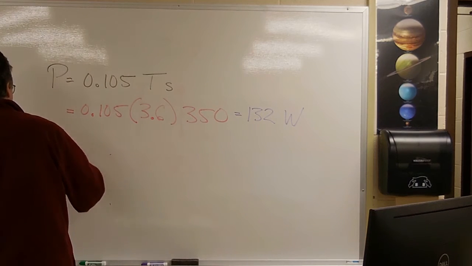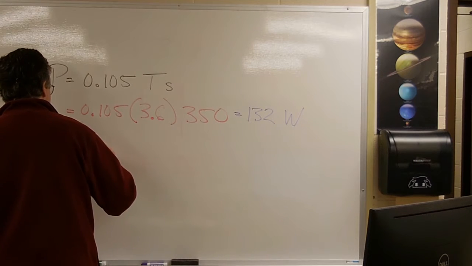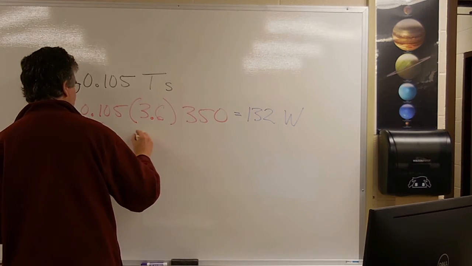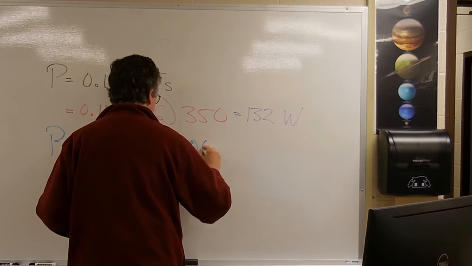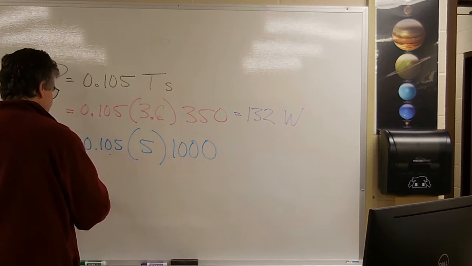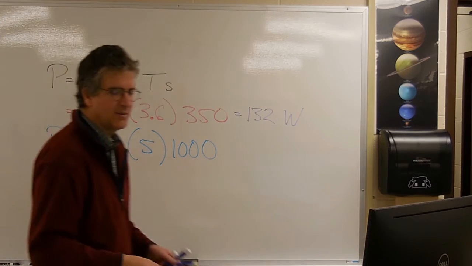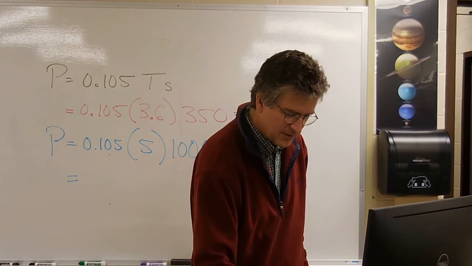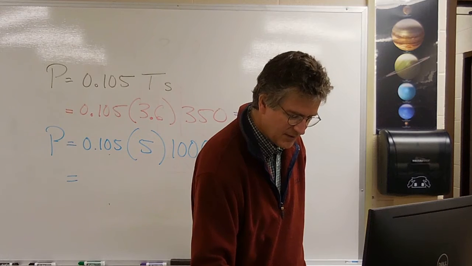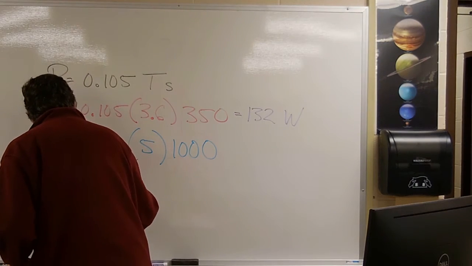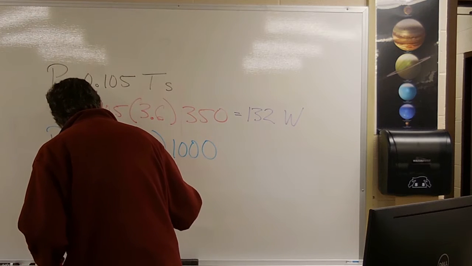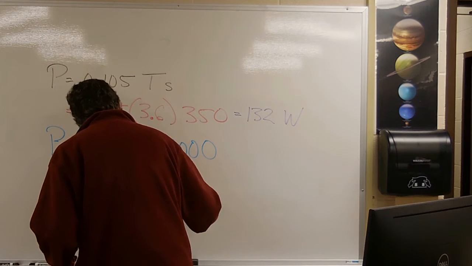So then my power would be equal to 0.105 times 5 newton meters times 1,000. Run that on my calculator: 0.105 times 5 times 1,000, 525 watts.